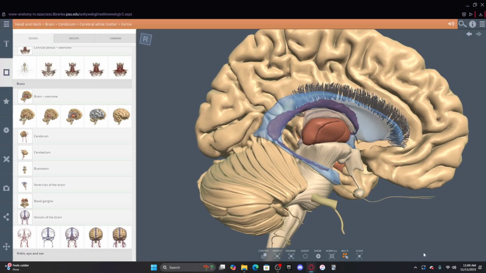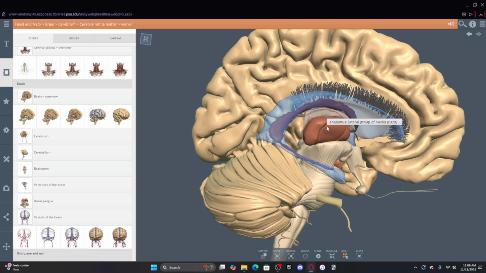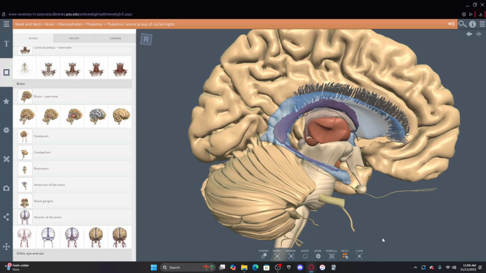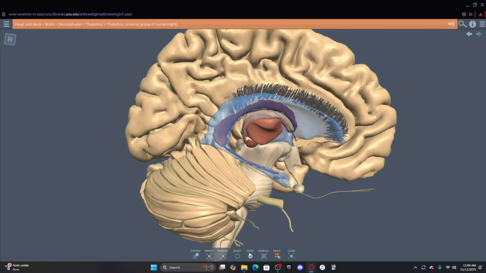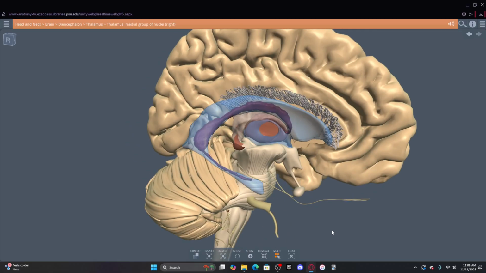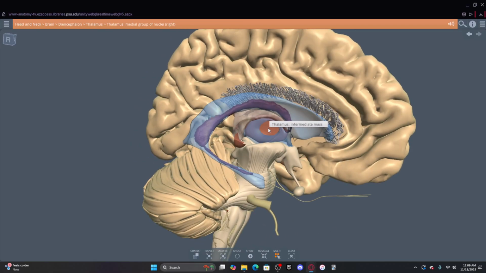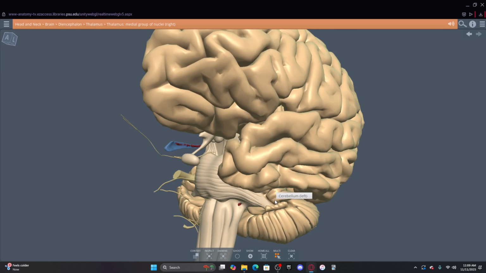But right when you're looking at your thalamus, if I remove the thalamus, you have two thalamus structures on the right and the left side. So right thalamus, left thalamus. And we see the thalamus on the left side.